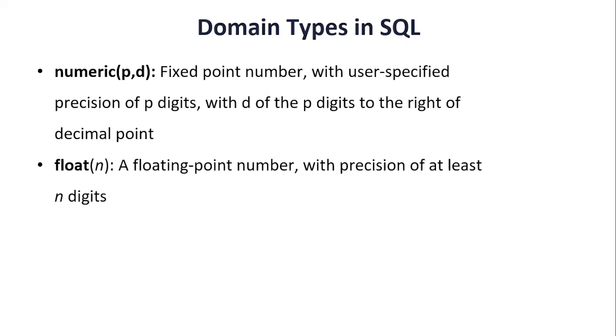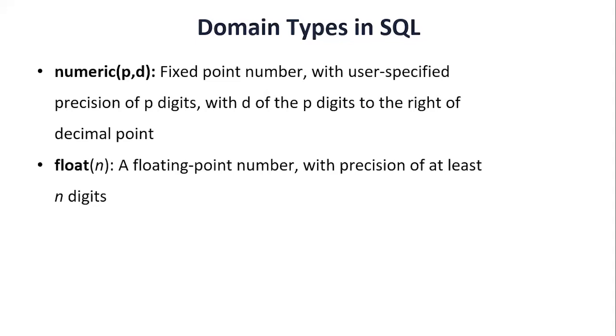And then we have numeric, which is a fixed point number that can have decimal places. We can specify the total number of digits, or precision, and how many digits we want after the decimal point. So if you want to define something like a currency value, let's say a rupee amount, we can simply set d as 2, since we need 2 decimal places for the cents value.